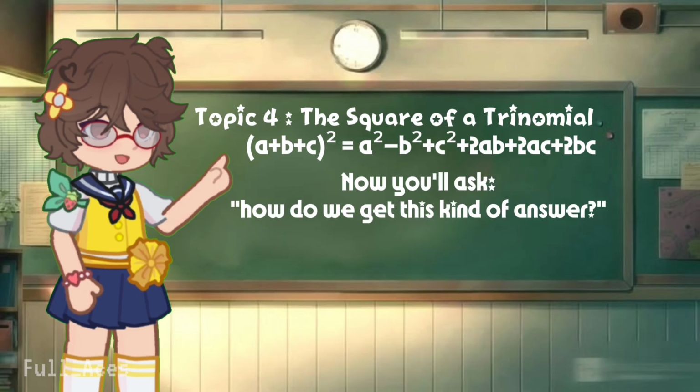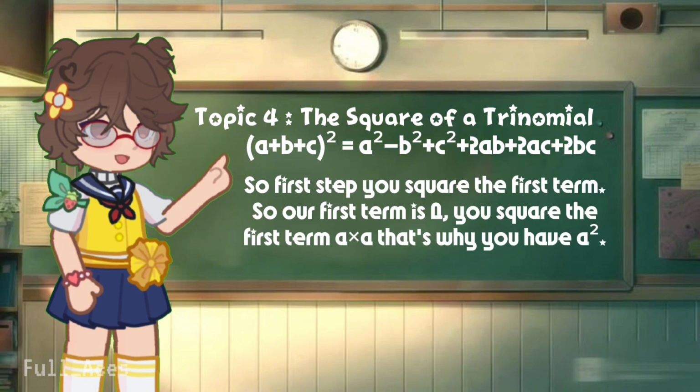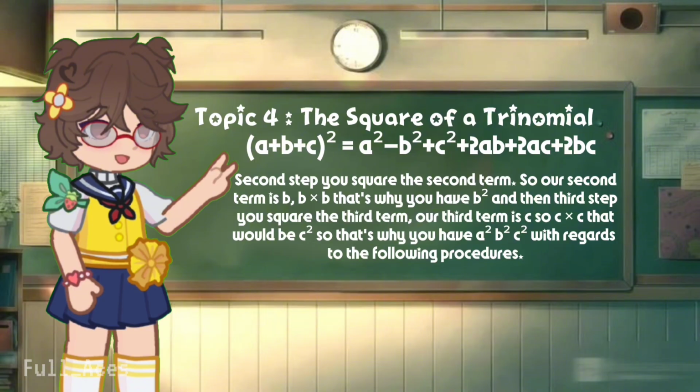And now you'll ask, how do we get this answer? First step, you square the first term. Our first term is a. You square the first term, a times a. That's why you have a squared. Second step, you square the second term.